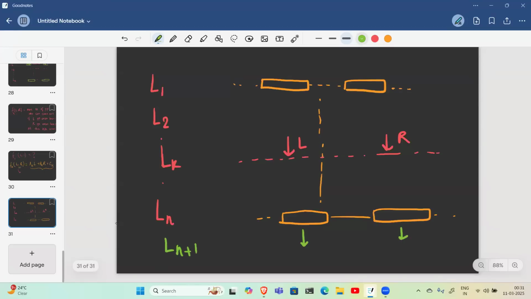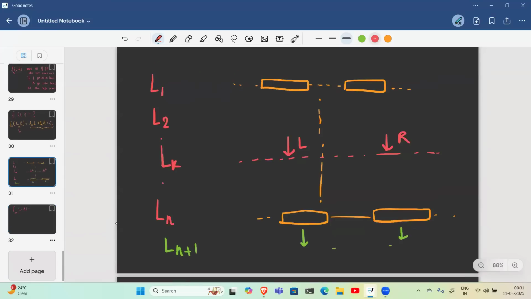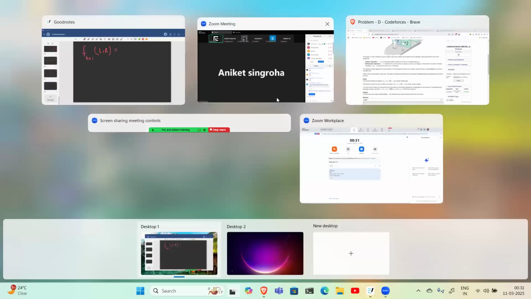Can anyone tell me what the function f(n+1)(L, R) should look like? Basically, up to the nth level, we do not know the maximum number of people who will come out. But at the n plus 1th level, do we know?